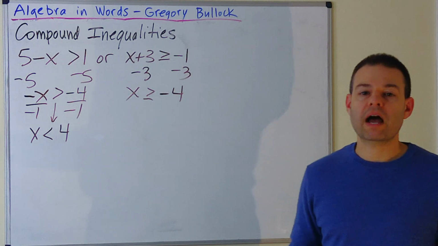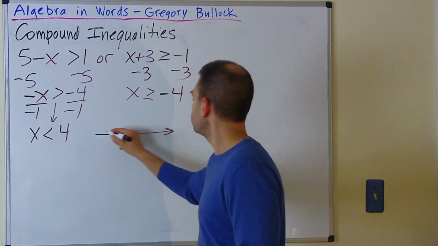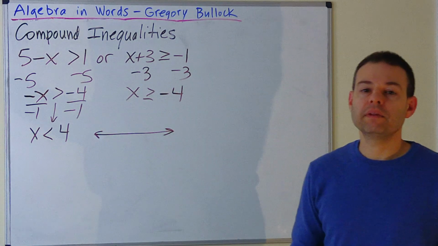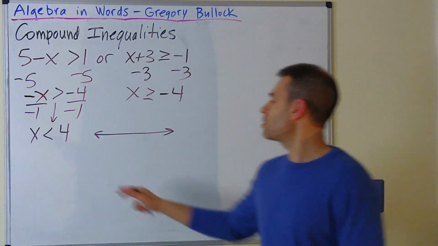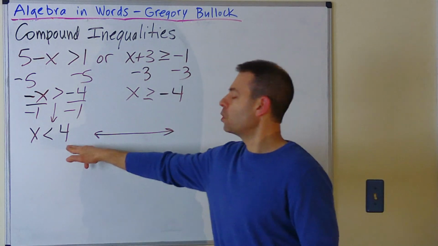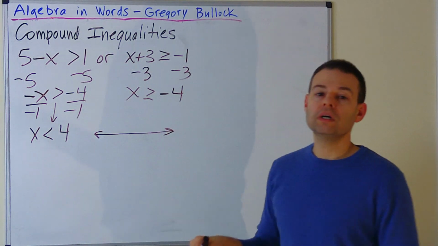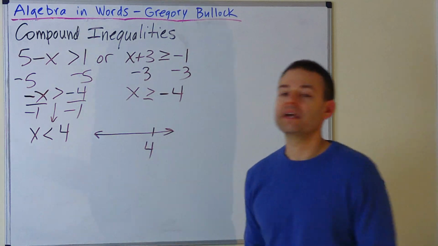So first, let's graph. We're going to draw a number line, and it doesn't matter which one you start with, we're going to put them both on the same graph. Let's start with the one on the left, just randomly choosing. Okay, and since 4 is higher than negative 4, just put the 4 closer to the right side, like this.